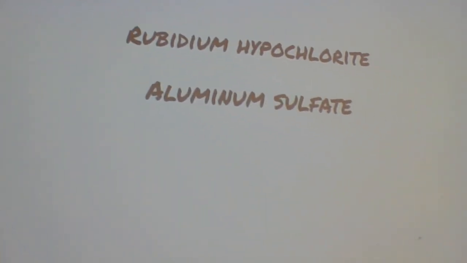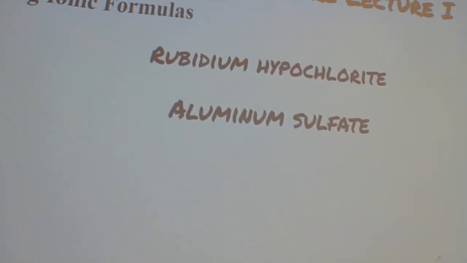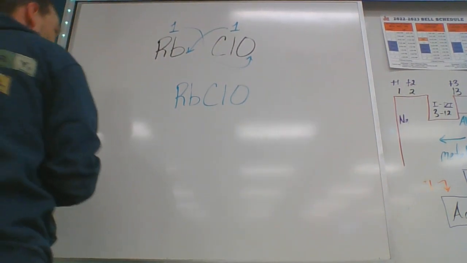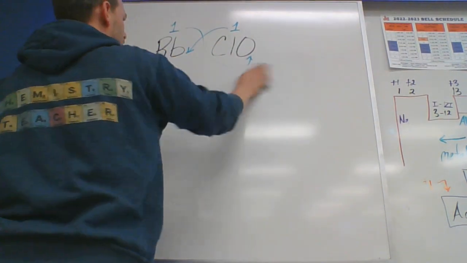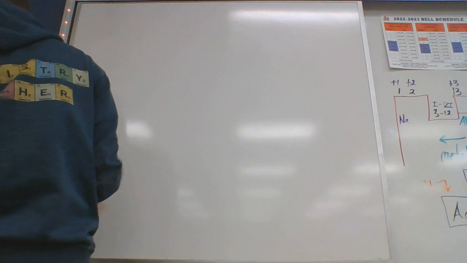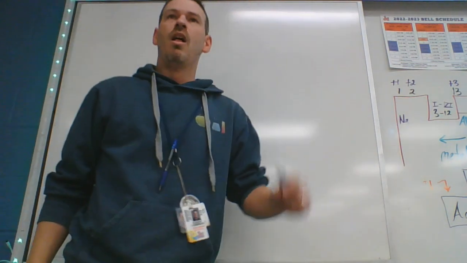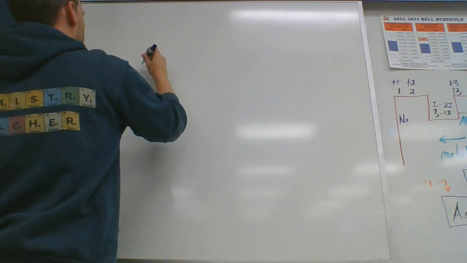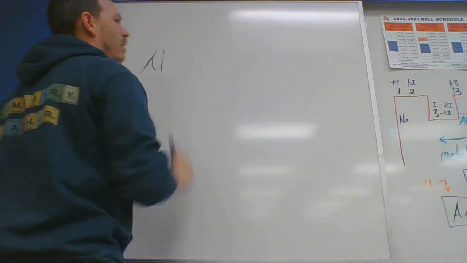Write down our next example of aluminum sulfate. The symbol for aluminum is Al.